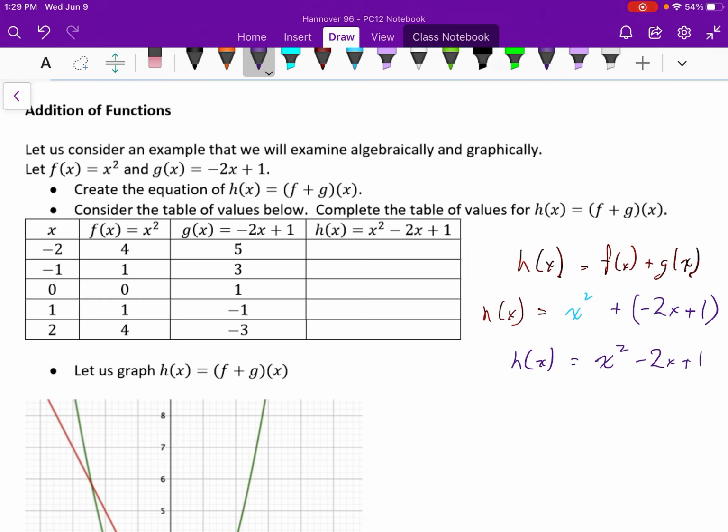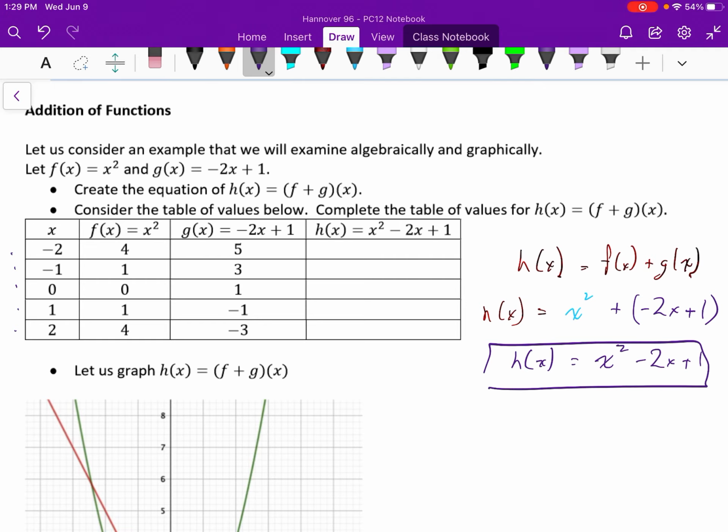So if we look at it from an equation view, you just simply add the expressions of the functions. From a table view, somebody's been fairly nice and calculated all the y values for given x values.